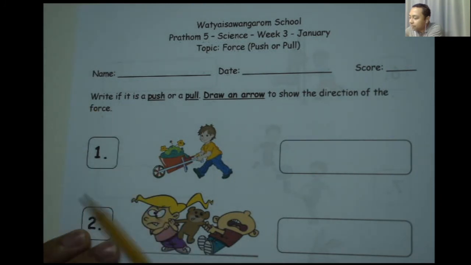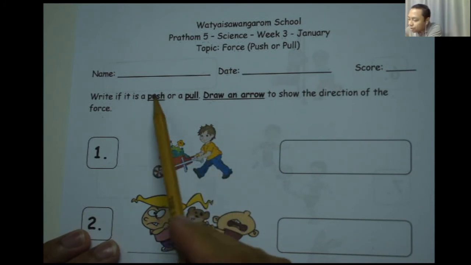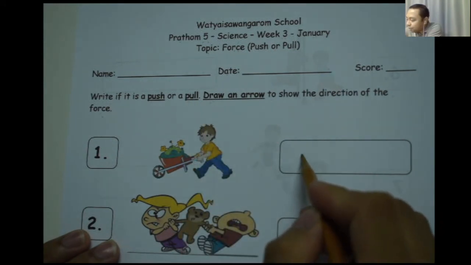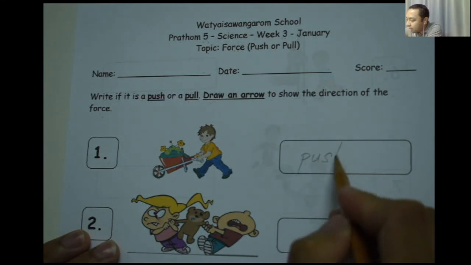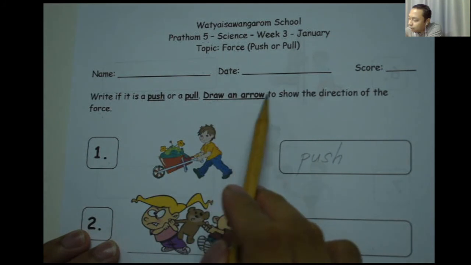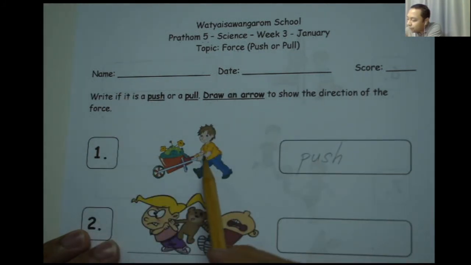Okay? Number 1, for example. This one, a boy pushing a cart. Is it a push or a pull? Yes, it's a push. So you write push, P-U-S-H. And then you draw an arrow to show the direction of the force. Okay, the pushing force is going there.